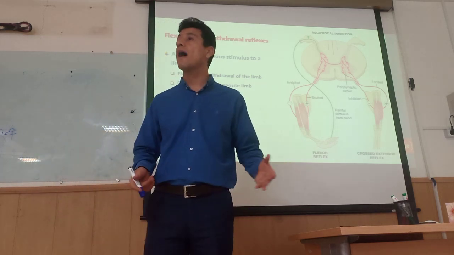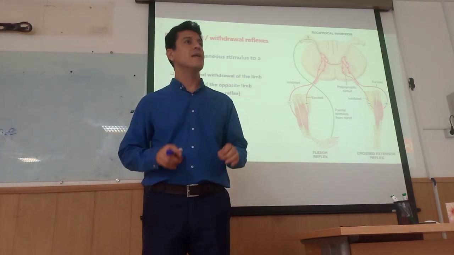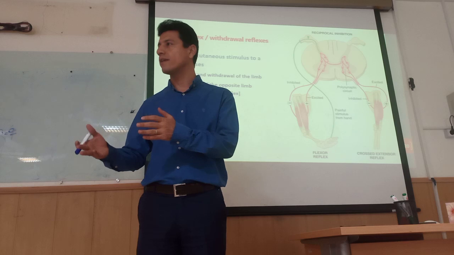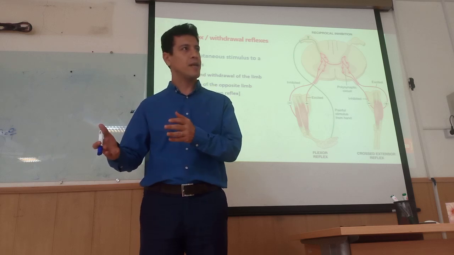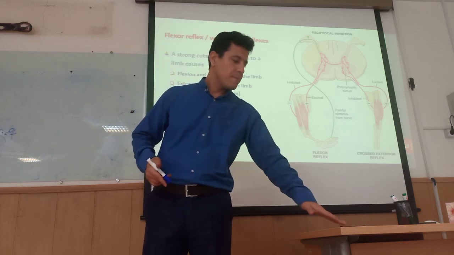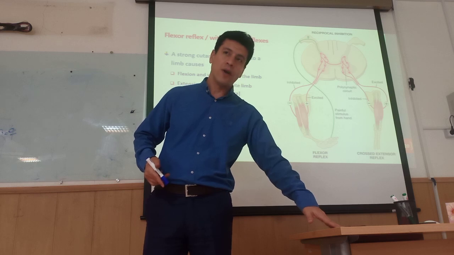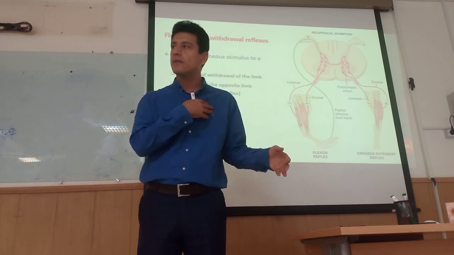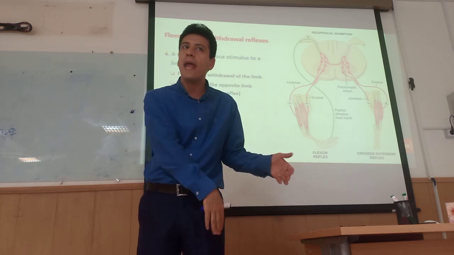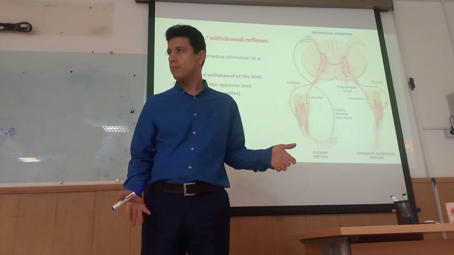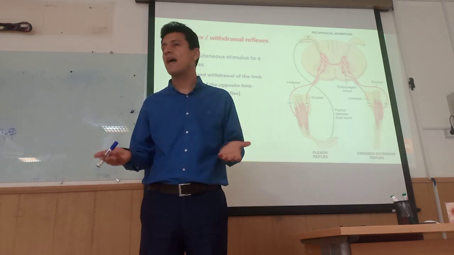Okay? And all of this happens suddenly and automatically without thinking. Okay? So, the withdrawal reflex from the hand spreads to the legs and also to the body. How may this happen?